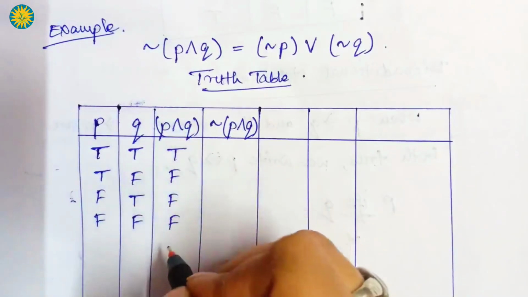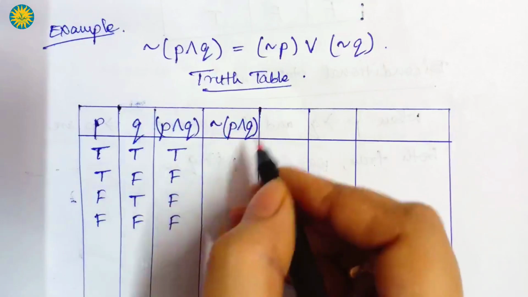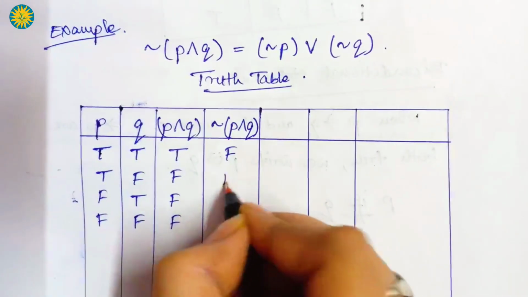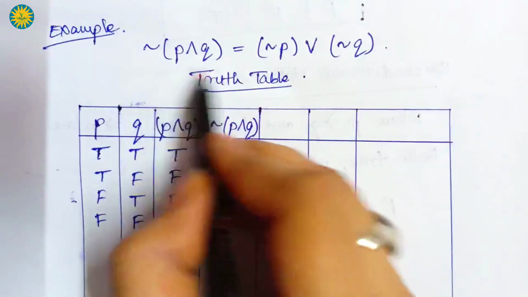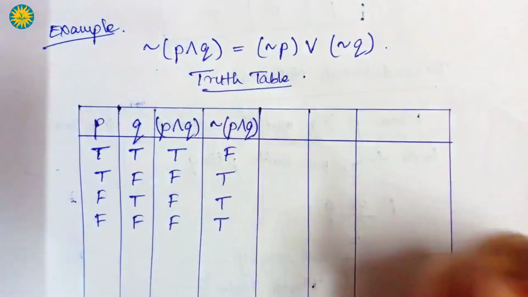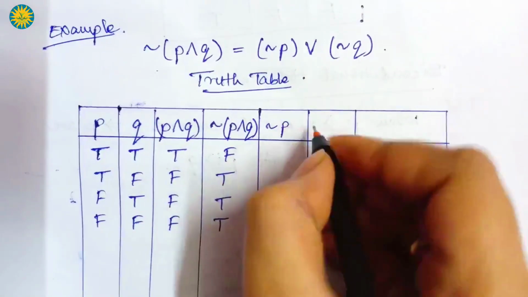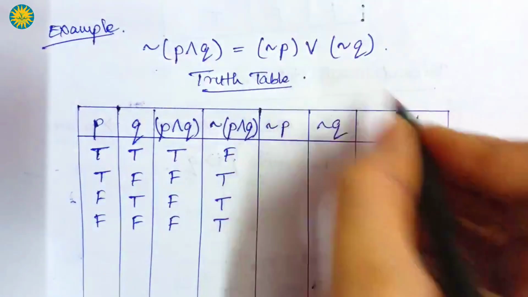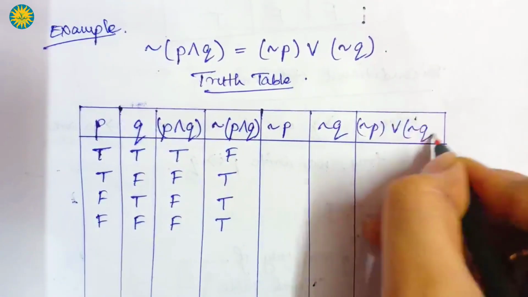Using the third column, we will fill up the fourth one, which is not (P and Q). This is false and the rest are true. So we have got the left hand side, which is not (P and Q). For the right hand side, we will write not P, not Q, and this one, which is not P or not Q.